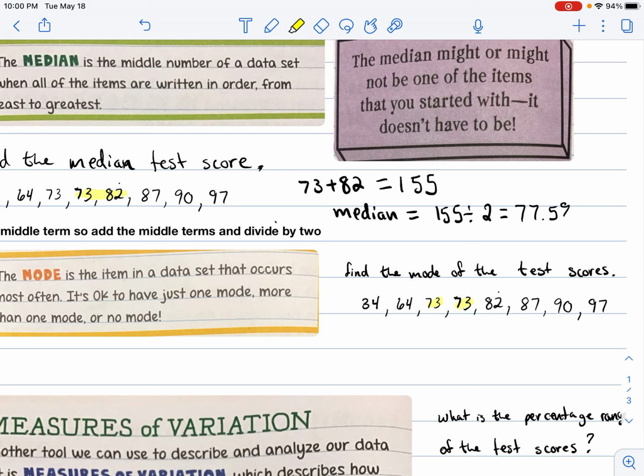Other than that, there's no repeating test scores. So that makes it easy. Our mode is equal to 73. It appears twice. Okay, so that's the one we have most often, so that is our mode.